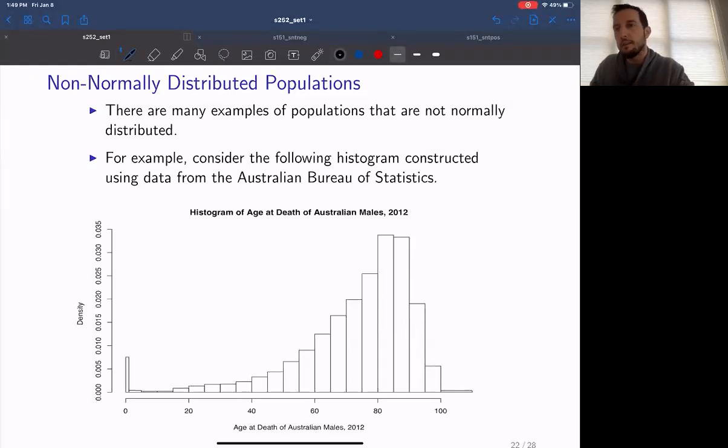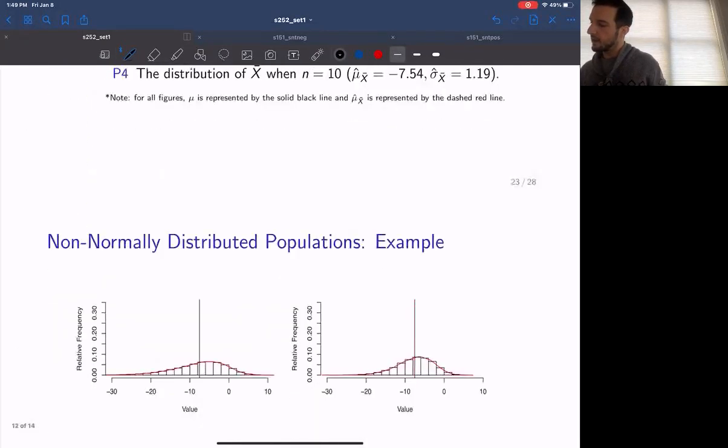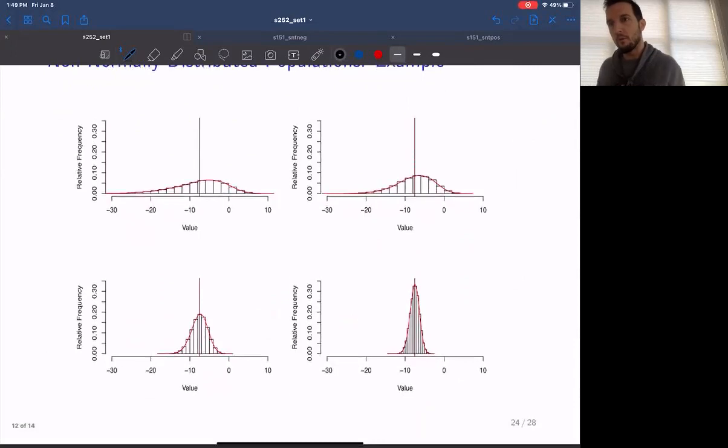So the question is, if I start from a population that isn't normal, how can I still work with the sample and the sample estimates in a situation that is familiar? Well, it turns out that as you collect more and more information from populations that aren't normal, you end up with sample means that return to normality. So in this illustration, in the first plot, I have that left skewed distribution.